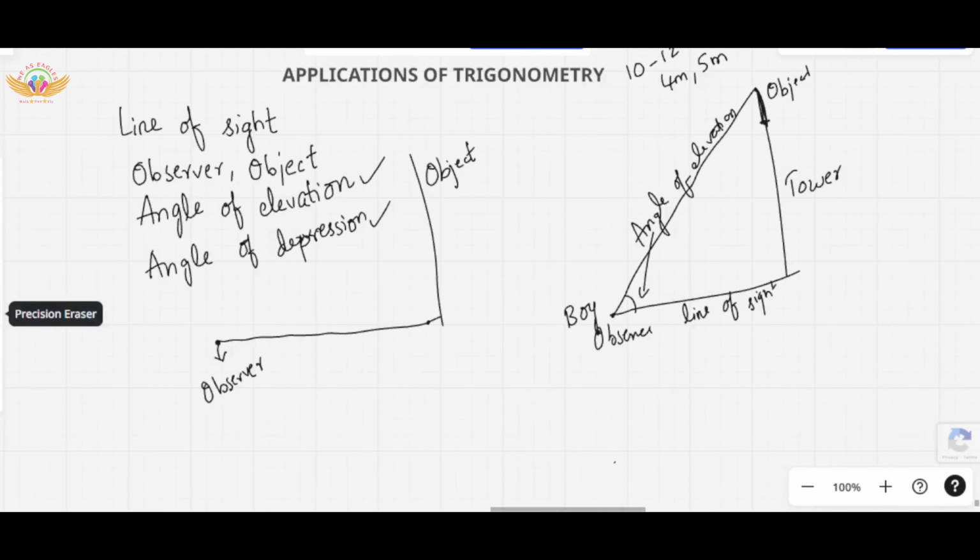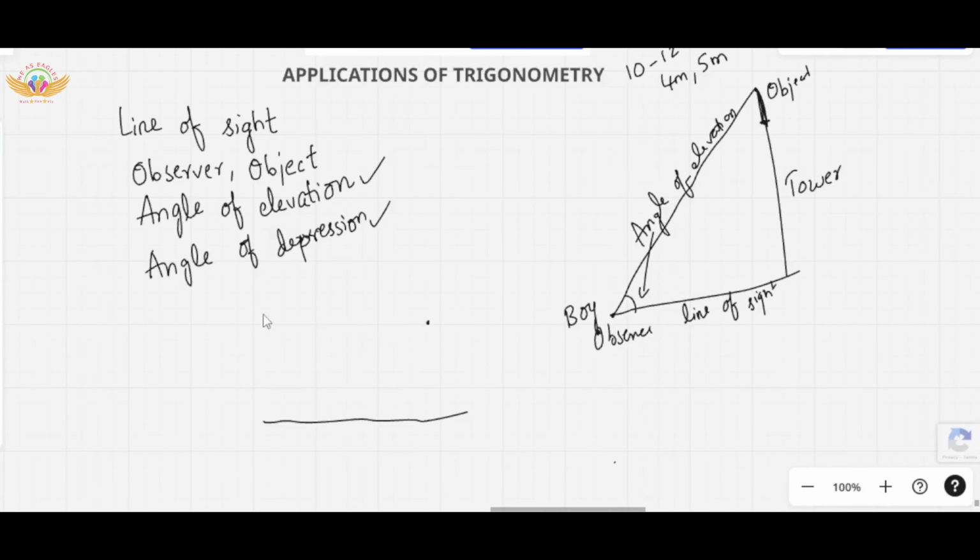Now let us see what is angle of depression. I am drawing the line of sight first. Sometimes they will not tell you directly in the question that it is a line of sight. They will say there is a ground. The ground itself will be a line of sight. This is the observer, a boy standing here, and also there is a building.